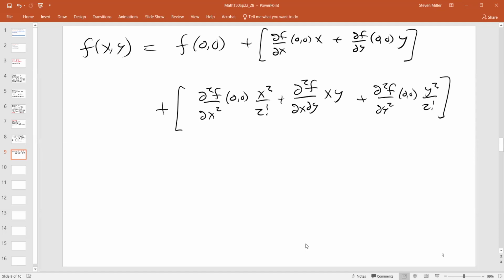And notice I don't have to divide by 2 factorial, because if I take d by dx of d by dy, the d by dx hits the x and gives me 1. The d by dy hits the y and gives me 1. And so then when I put in 0, 0, it's just evaluated at 0, 0 times xy.